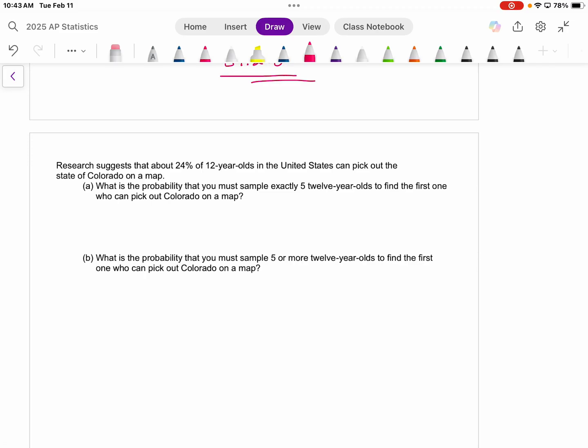All right, so what is the probability that you must sample exactly 5? Well, exactly 5, we know that means we use the equal sign. So what's the probability that x is equal to 5? Again, until we find the first one, so this is still a geometric. So geometric PDF, probability of success is 24%, and then x is equal to 5.